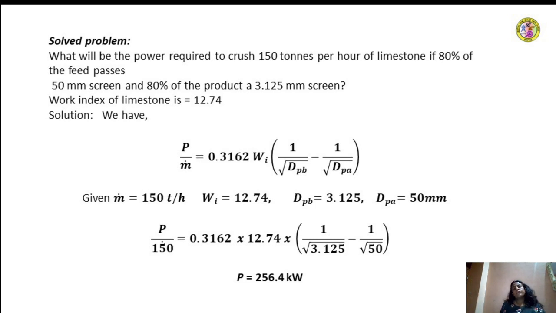By looking at the question, we can make out that the law to be applied to solve this problem is Bond's law. Because it is given that the feed and product pass through a certain screen, we can find out the feed and the product size by using the screen size through which 80% of feed and product passes.